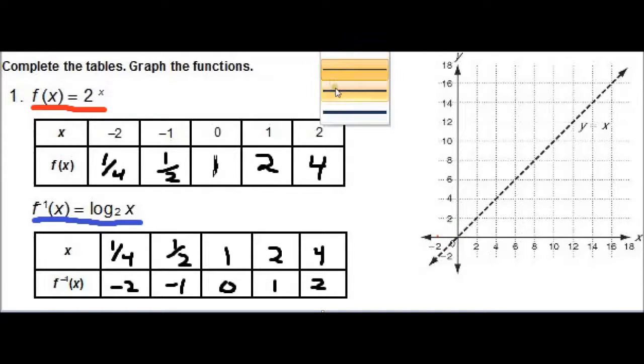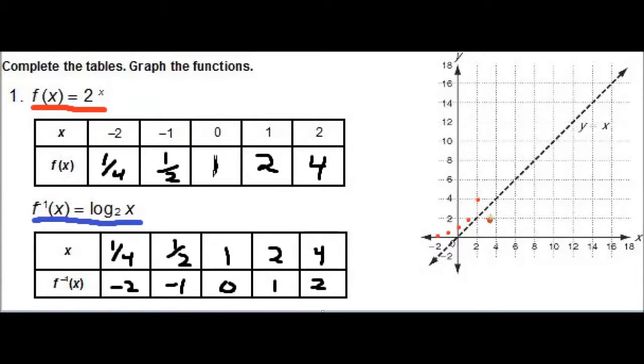At -1, we need to graph 1/2, which is about here. At 0, it's going to be 1. At 1, it's going to be 2. And at 2, it's going to be 4.